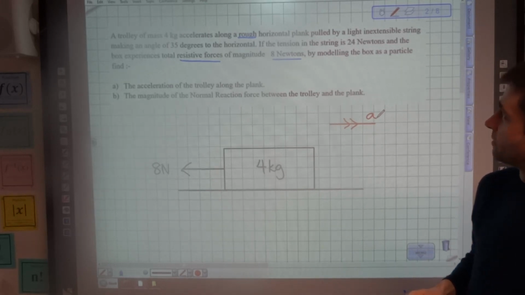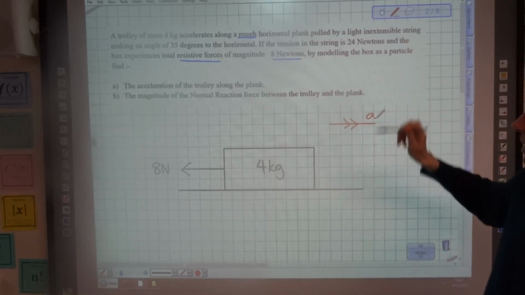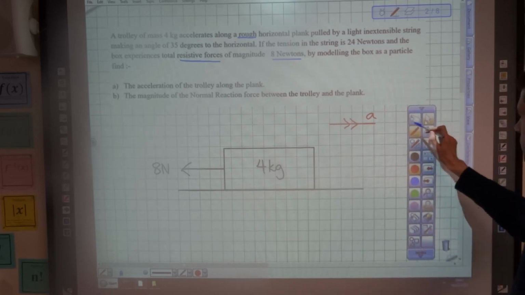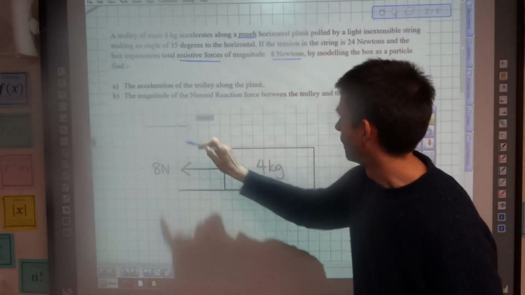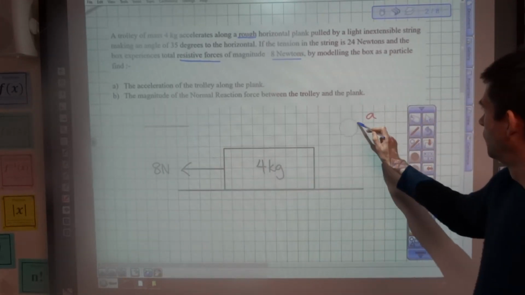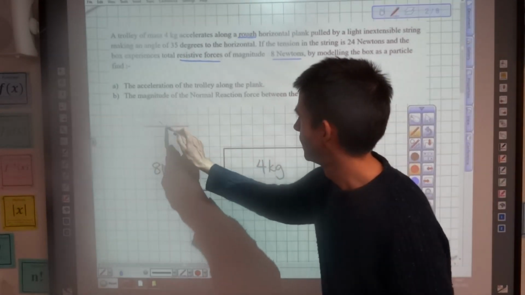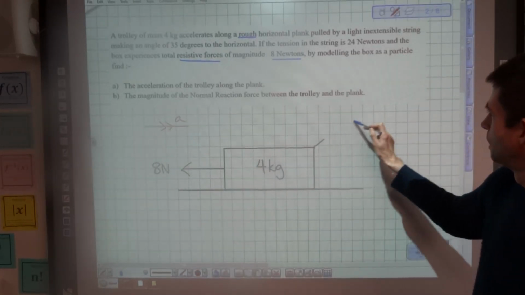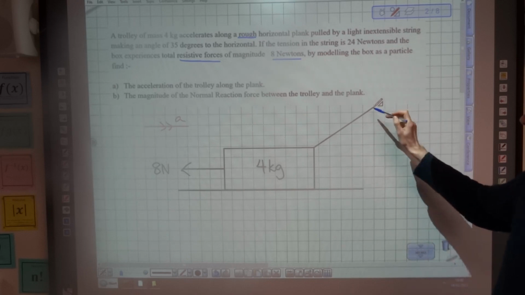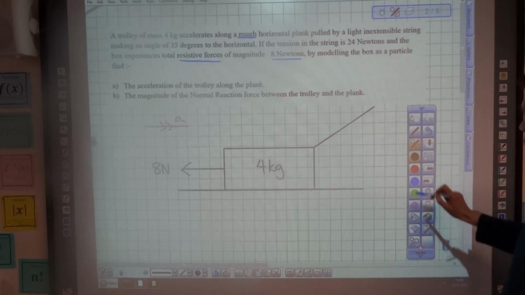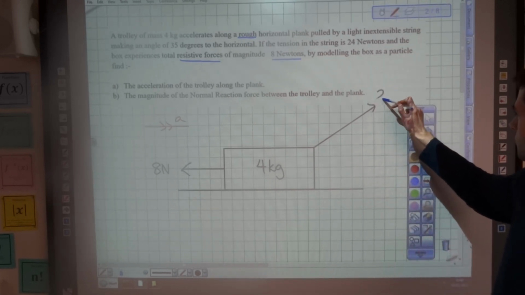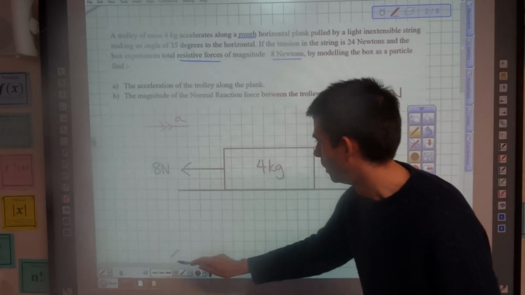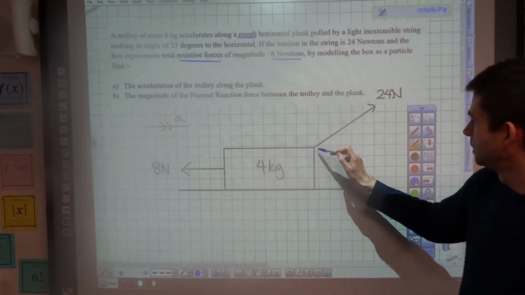What we also have is a light inextensible string making an angle of 35 degrees to the horizontal. So I'll draw a force of 24 newtons, making an angle of 35 degrees to the horizontal.